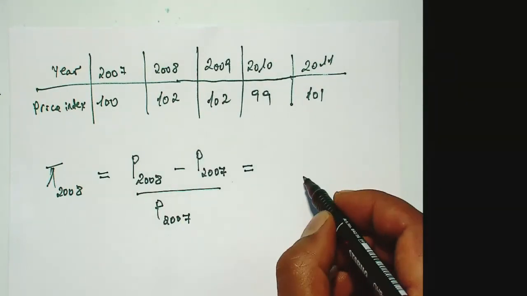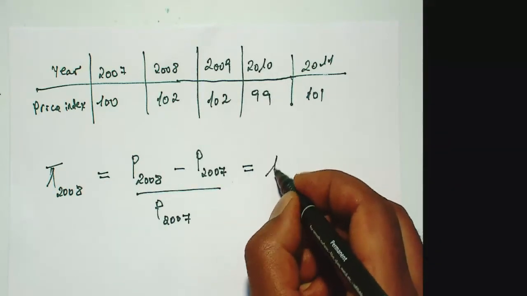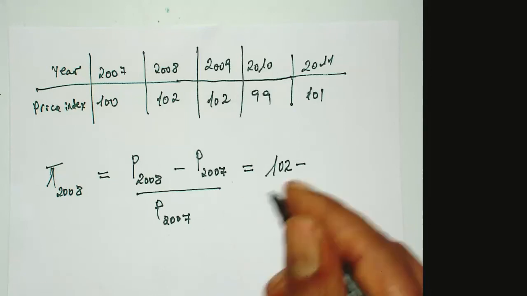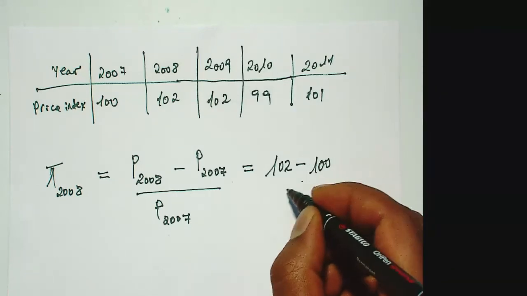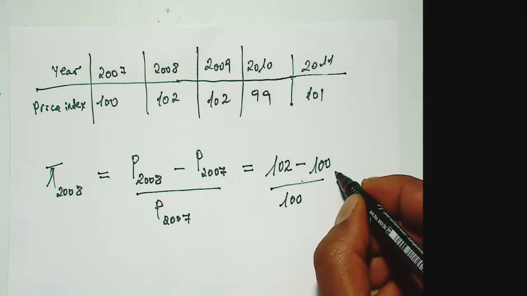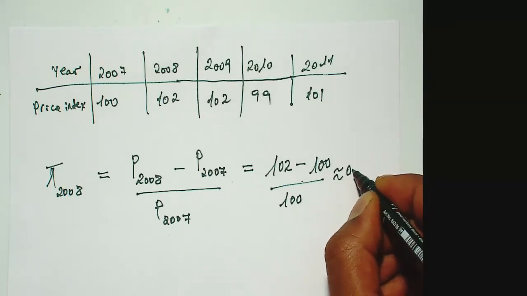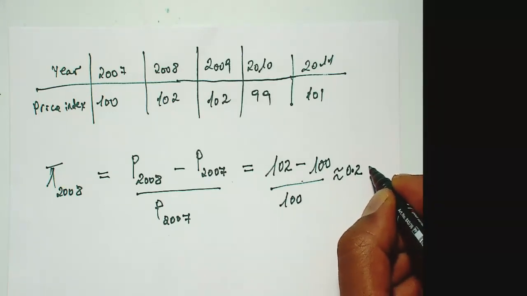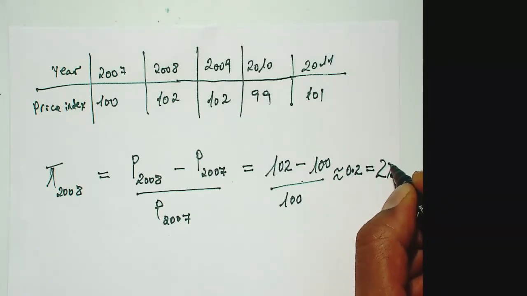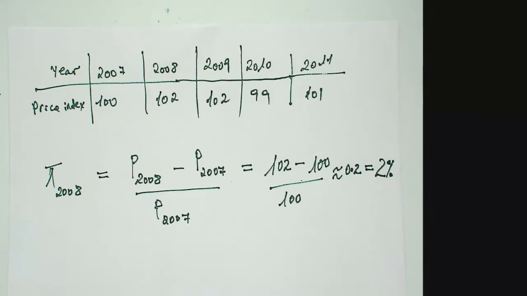From our table, price at 2008 was 102 and price at 2007 was 100, divided by 100. This is approximately 0.02, which is to say the inflation rate in 2008 was 2%.